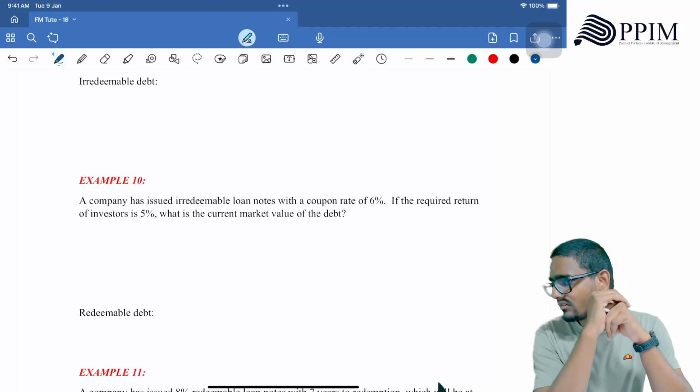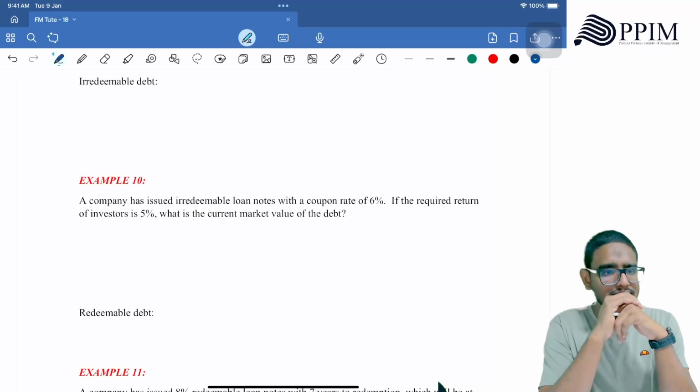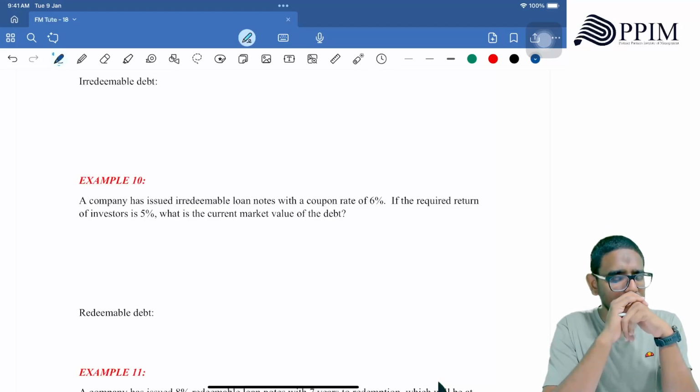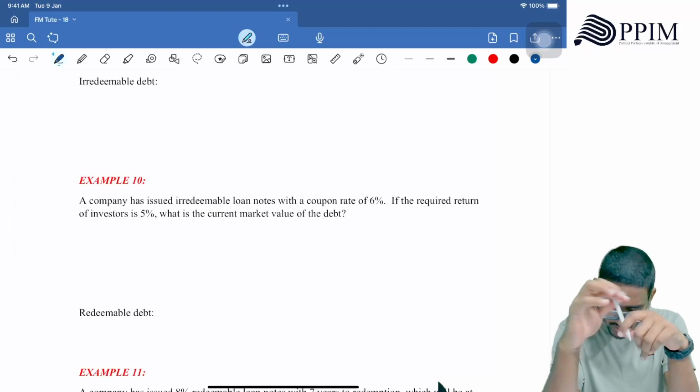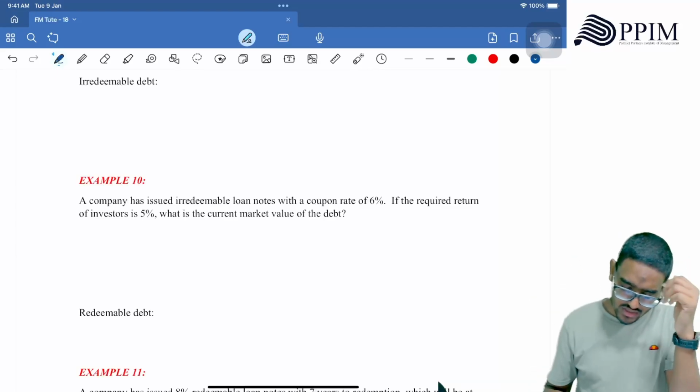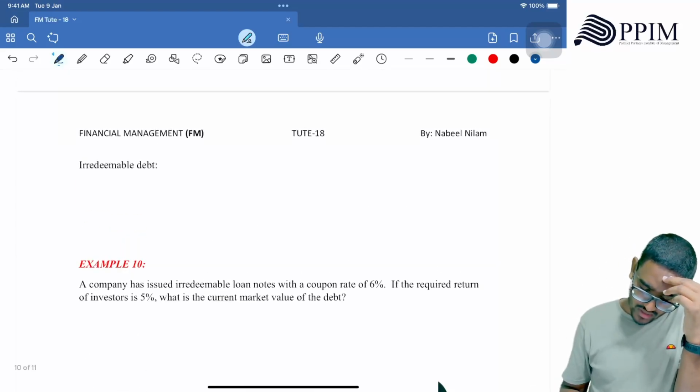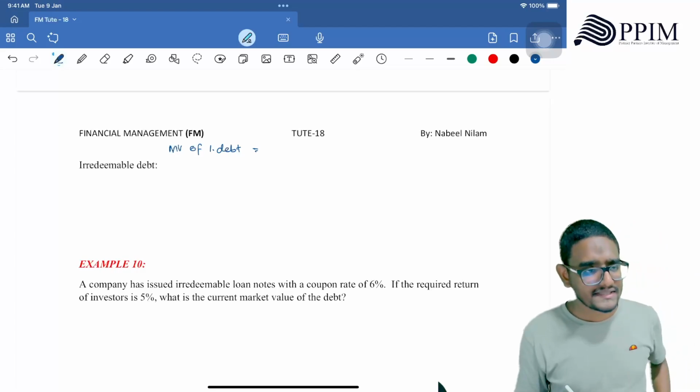Kavisha, Salma, Tarushi, who can also answer? Yes, Abdullah. Okay, there's interest that is going to be paid in perpetuity, which means you don't have a repayment of the principal. So when you put that into the equation that we learned, market value of your irredeemable debt is equal to what then?